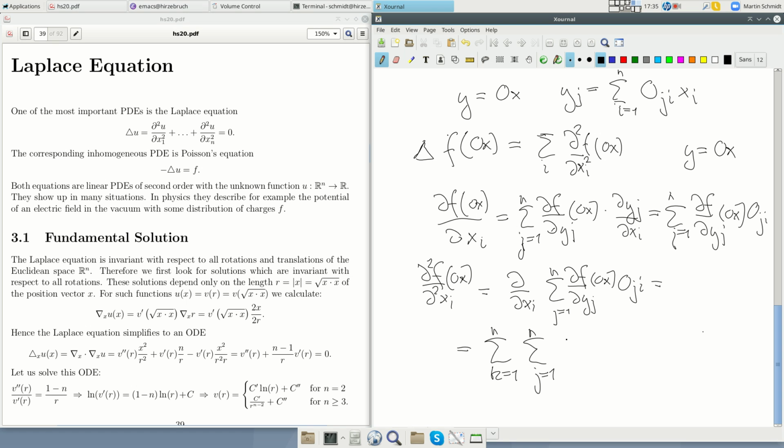Here we get d square f by dy_j dy_k, and then we have O_ji, and here now we have to take the second derivative, so we have O_ki.